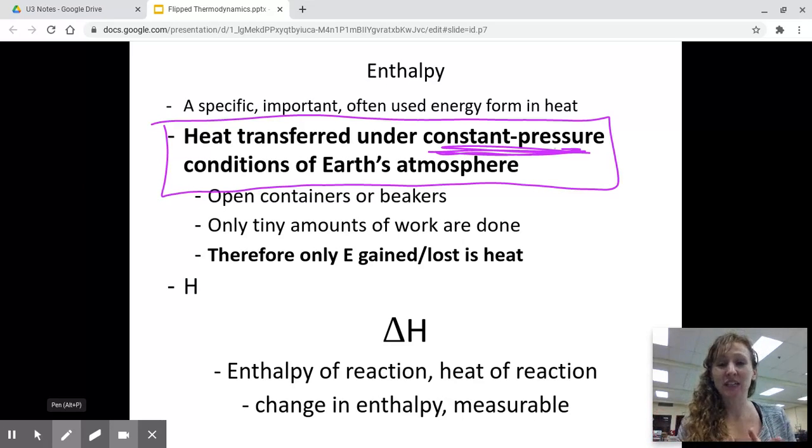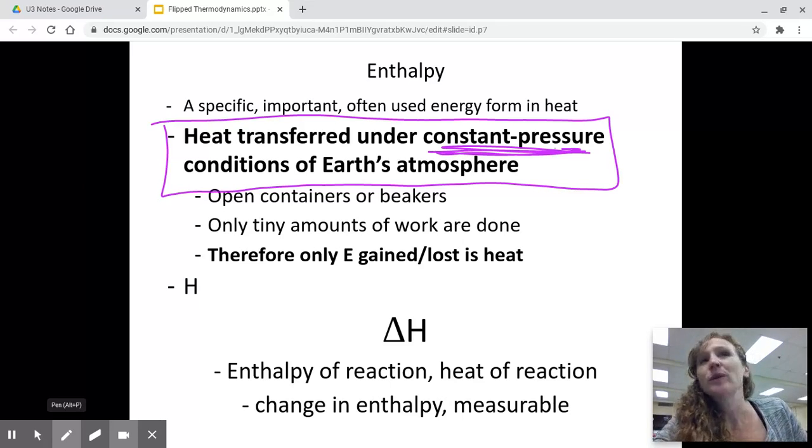Or if you're looking under a technical definition in thermodynamics, it has to change the pressure of the entire universe. Well, gas that we produce in this room is not going to change the weather patterns around us. It's not going to change atmospheric pressure. It's not going to change the pressure of the universe. And so anything with an open top would be considered constant pressure.